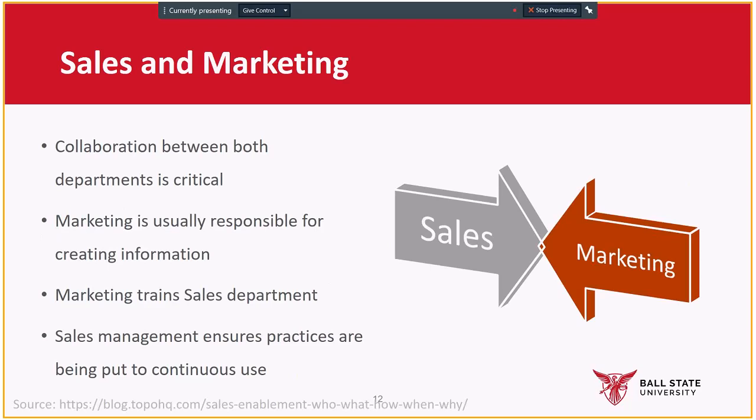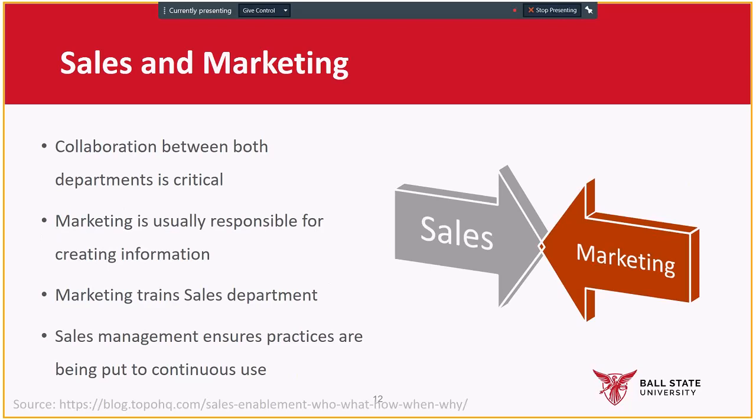Then marketing can compare the stories across different salespeople, do their market research, and come up with the right kind of story that salespeople find easier to use, because these stories were created based on the feedback they gave. So if marketing does a good job based on input from sales, then marketing can create the right kind of information, which is what they're responsible for.